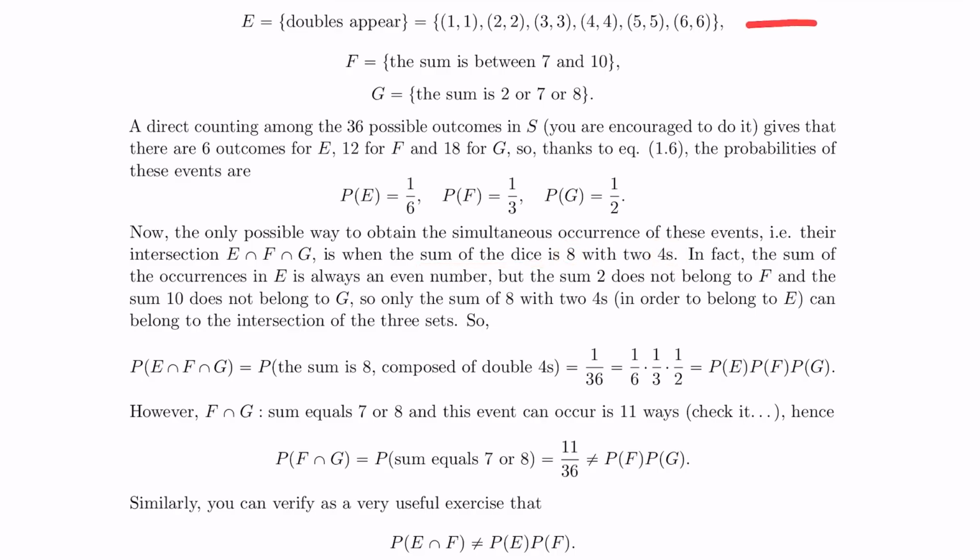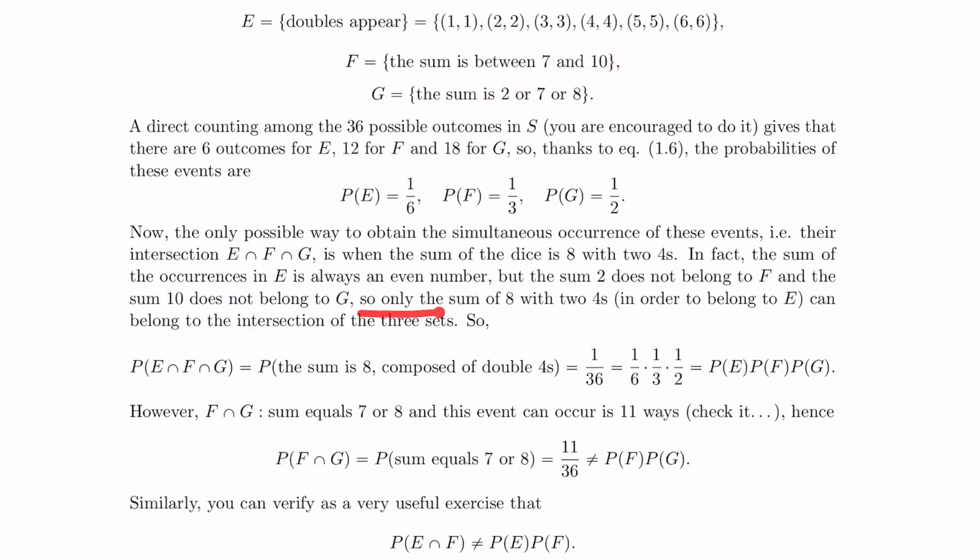In fact, the sum obtained from the occurrences in event E is always an even number. So we cannot have an intersection between F, G, and E when we consider 7 here and here. Moreover, we cannot have the intersection between F and G if the sum is either 2 or 10.